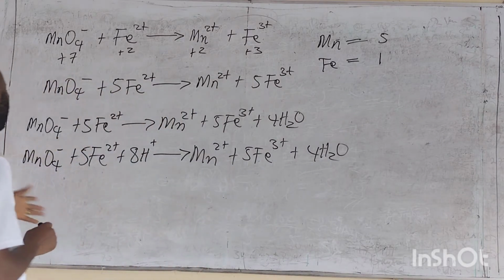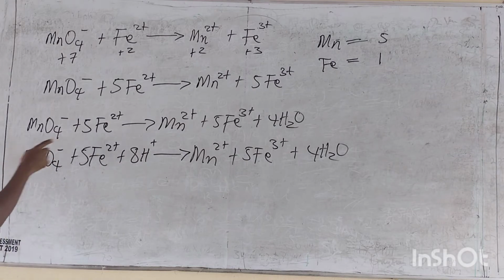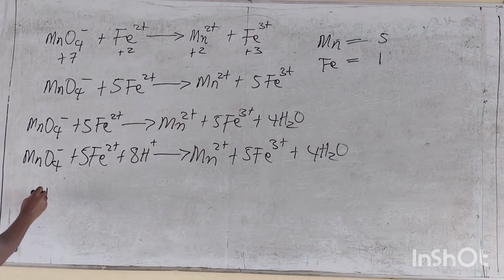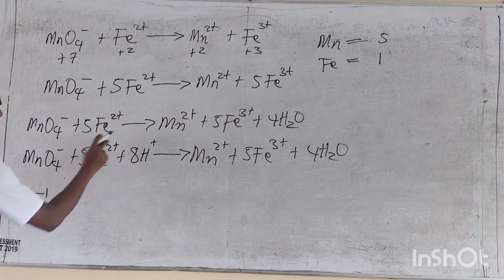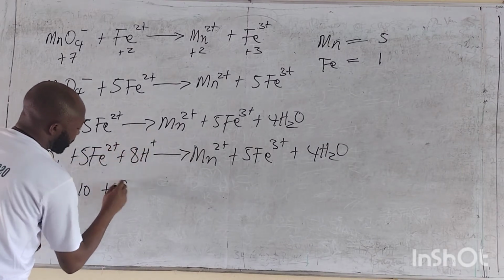Now, having gotten to this level, balance what? The charges. 1 times minus 1 is minus 1, plus 5 times 2 is 10, plus 8 times 1 is 8.